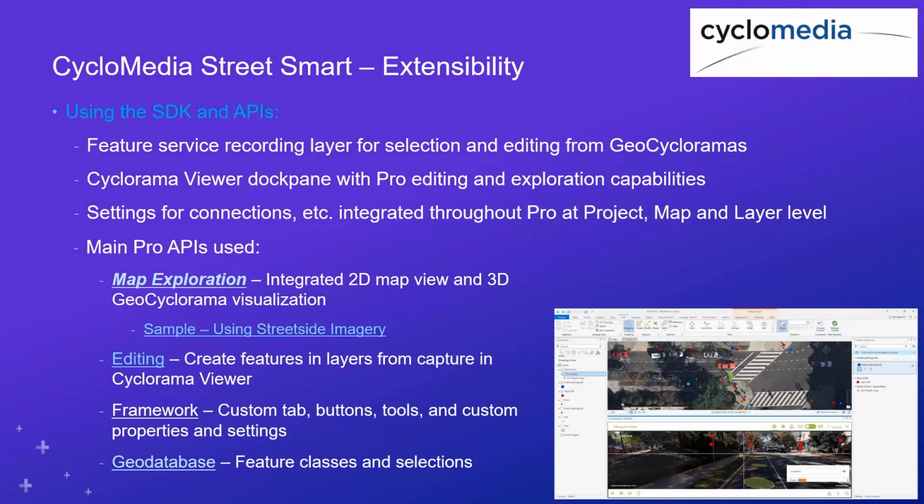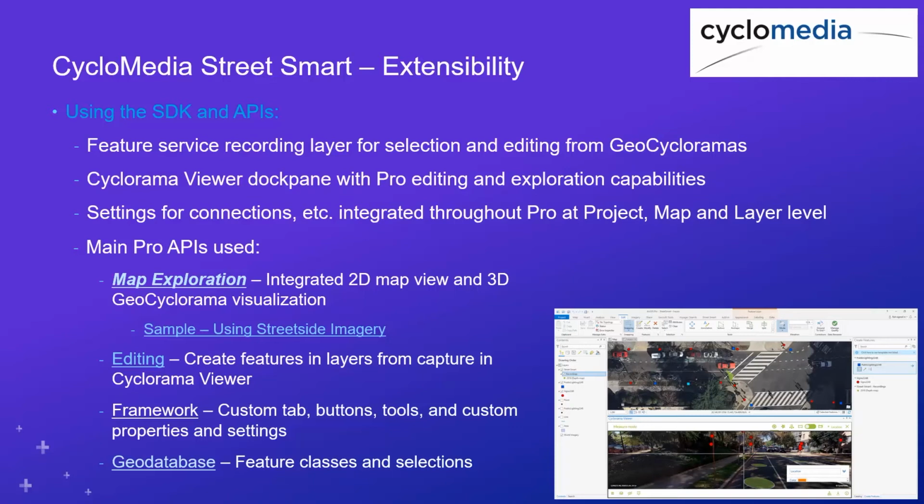Okay, so let's take a look at some of the ways that the add-in extended ArcGIS Pro. As you saw, they have a feature service recording layer for selection and editing from the Geocycloramas, which were embedded inside of a custom dock pane.